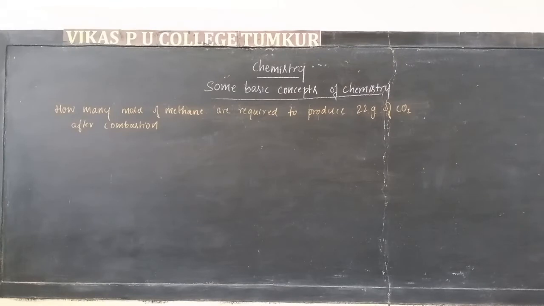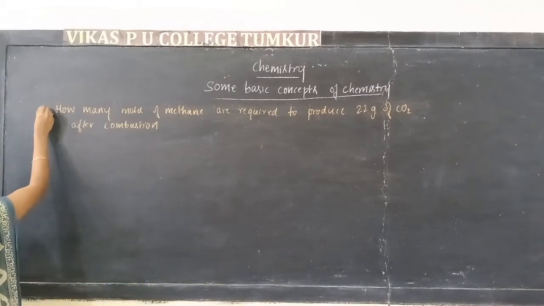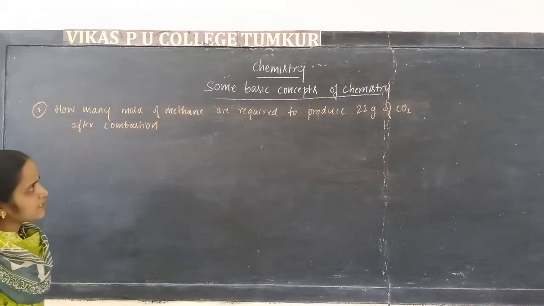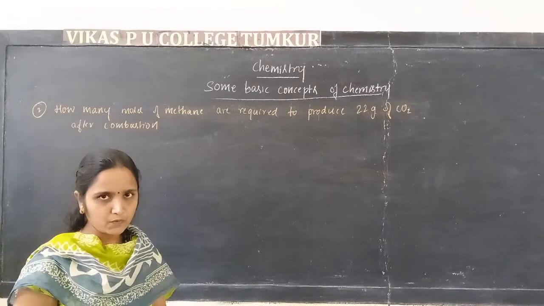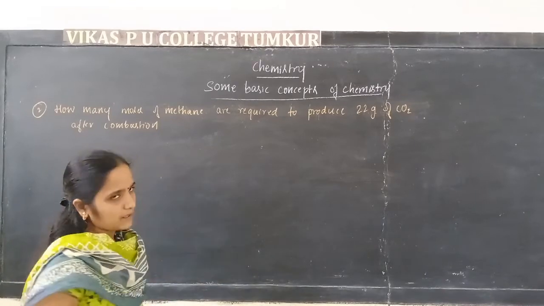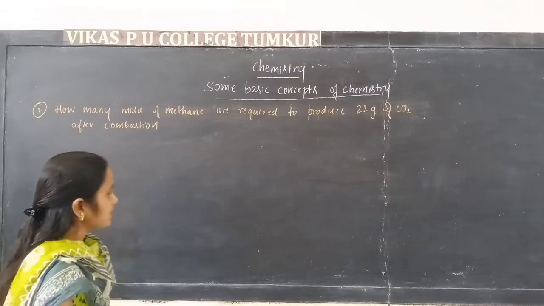In this question, they ask how many moles of methane are required to produce 22 gram of CO2 after combustion. First, we should write the balanced chemical equation.